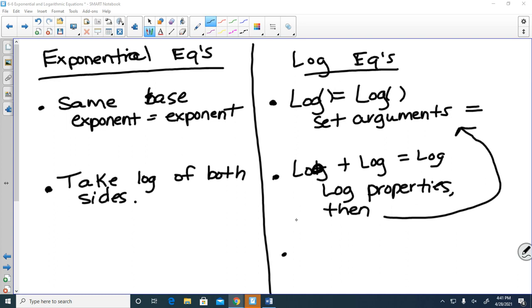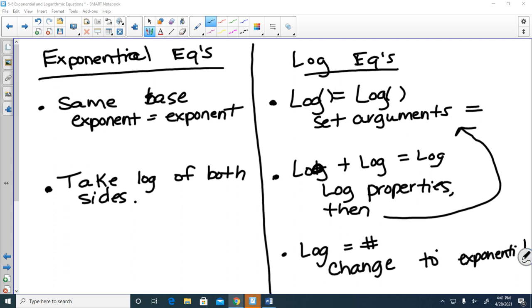If you have a scenario where you have log equals a number, you might be able to try just changing to exponential form. So make sure you have this down as some shorthand.